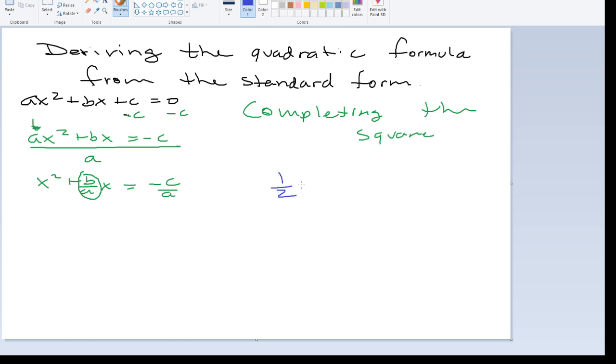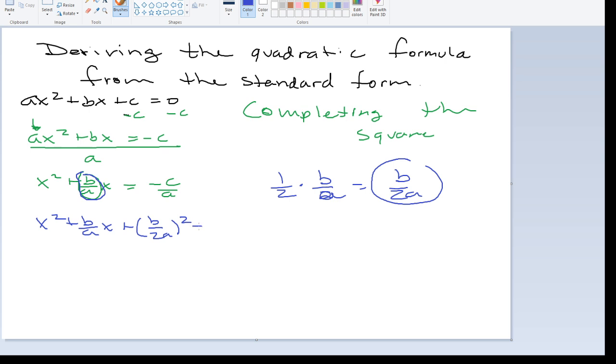Half of the b value is going to be b over 2a. So we need to square that and add it to both sides. So x squared plus b over a x plus what we just came up with, b over 2a squared, and add it to both sides.